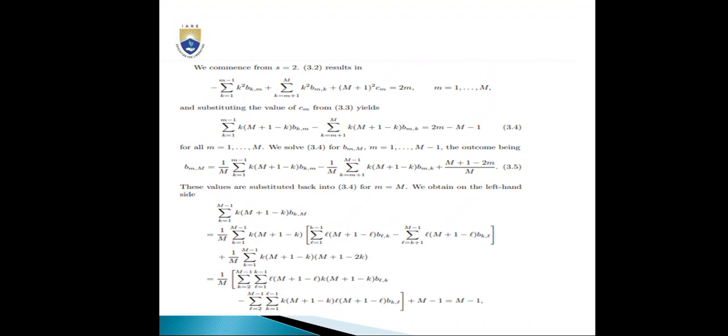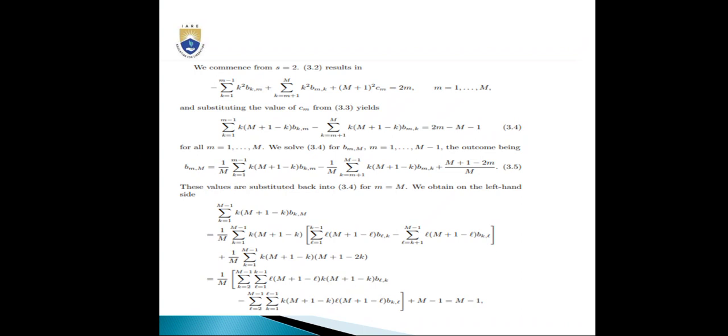We commence from s = 2. Condition 3.2 results in Σ_{k=1}^{m−1} k² B_{k,m} + Σ_{k=m+1} k² B_{m,k} + (m+1)² c_m = 2m, where m = 1 up to capital M. Substituting the values of c_m from 3.3 yields these equations.